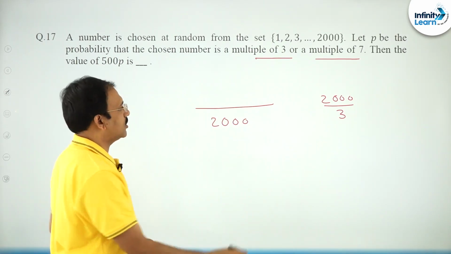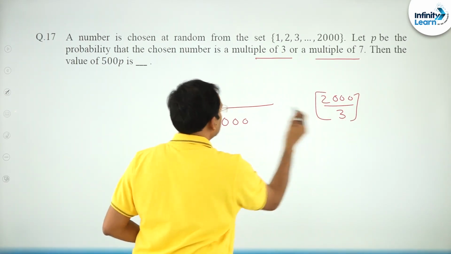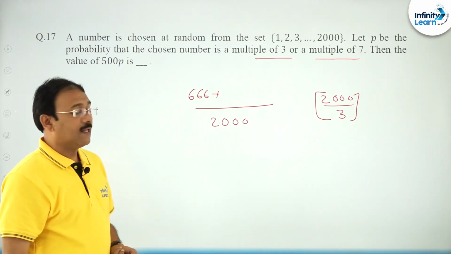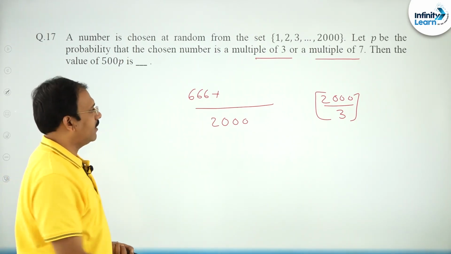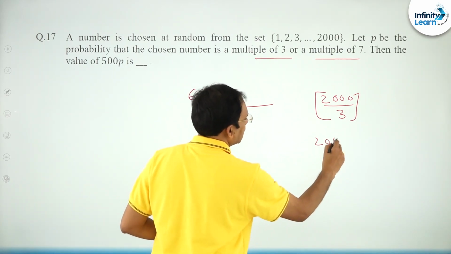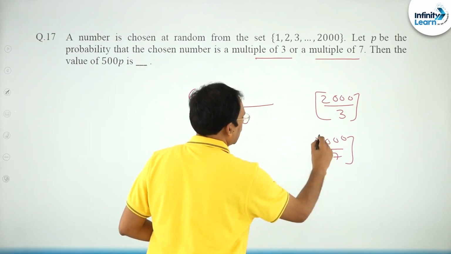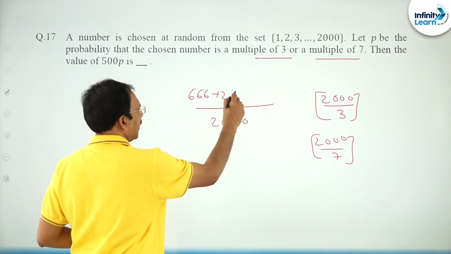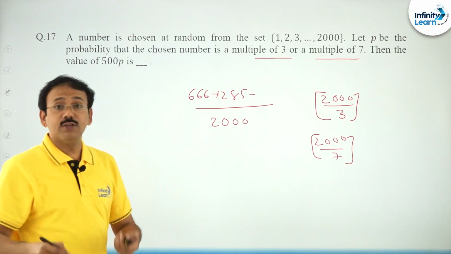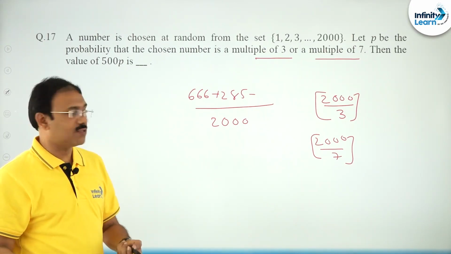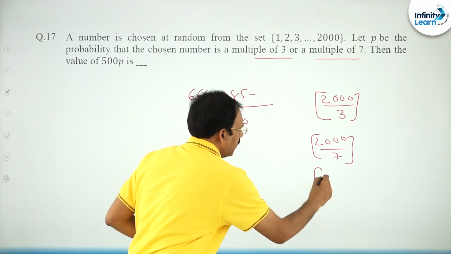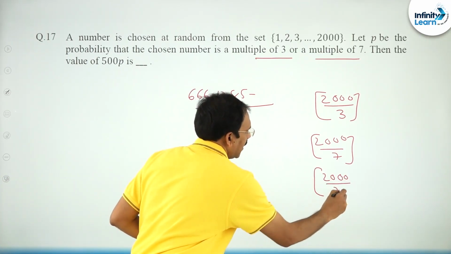You just take the quotient, it is going to be 666, plus, my dear friends, then how many multiples of 7 will be there? You divide 2000 by 7 and take the quotient, it is going to be 285, minus the common elements, which are multiples of both 3 and 7, that means multiples of 21. So how many multiples of 21 will be there?